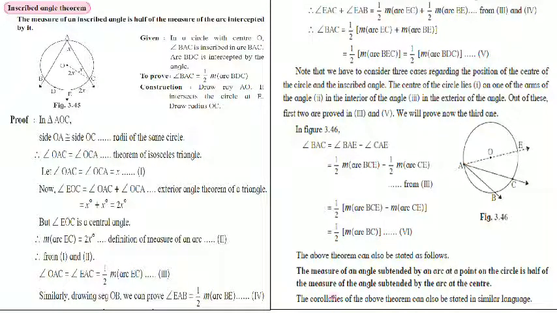So the above theorem can be stated as: the measure of the angle subtended by an arc at a point on the circle is half the measure of the angle subtended by the arc at the center. Again I repeat, the measure of an inscribed angle is half the measure of its intercepted arc. Okay.